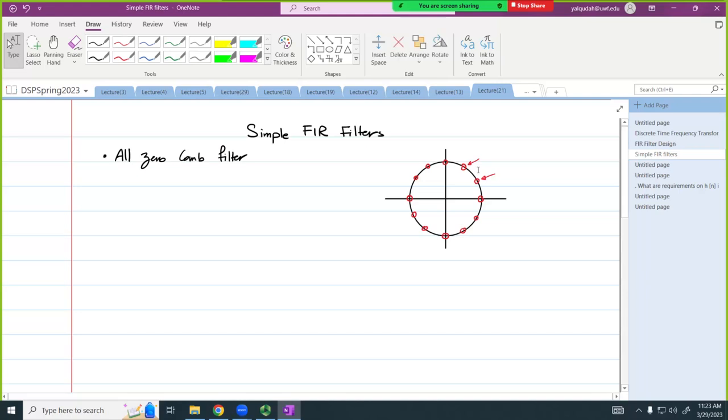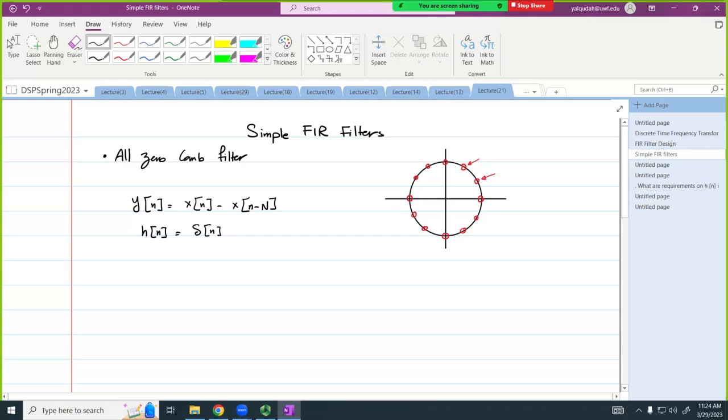Okay, so therefore, this filter is given by the following equation: y of n equals x of n minus x of n minus capital N. And therefore, what is h of n going to equal?